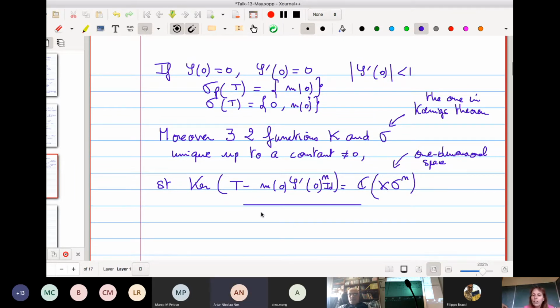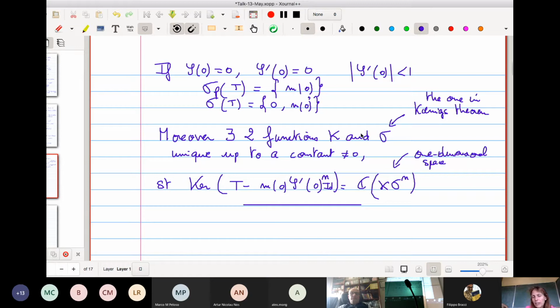May I ask you one thing, Isabelle? Yes. So is it possible to relate the function k, or even the Koenigs function, to the weight m? Is there any direct relation between both functions? Yes. I will construct the function kappa and the function sigma.